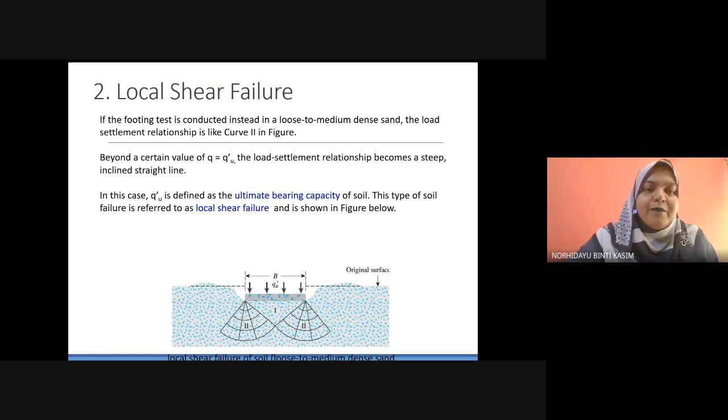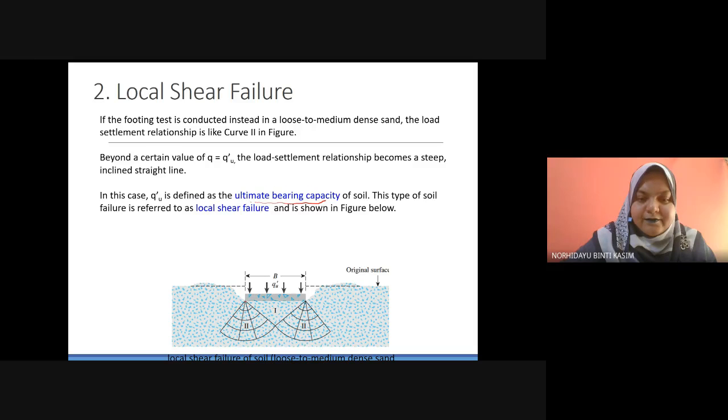Beyond a certain Q equal to Qu, where Q is the applied load and Qu prime is the ultimate bearing capacity here, the load-settlement relationship becomes a steep inclined straight line.